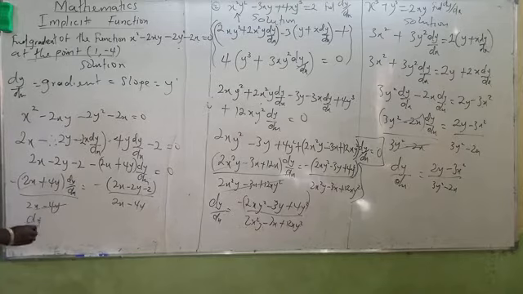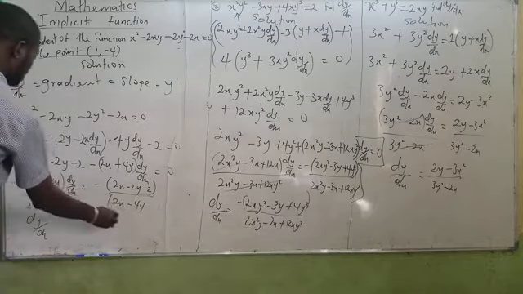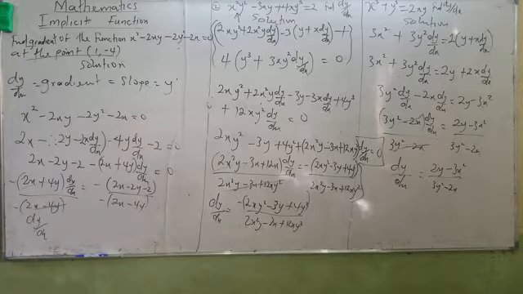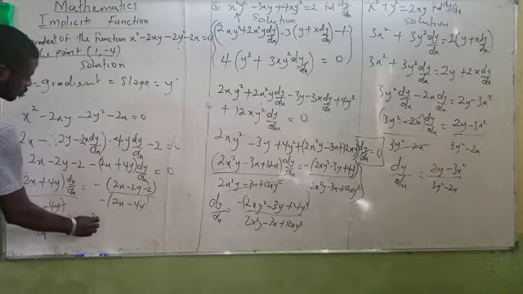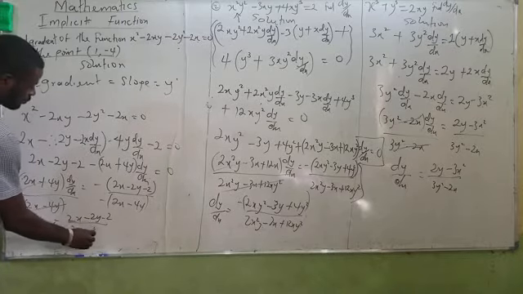Now, dy/dx, is there minus there? Okay, I will be having minus here. Please take note of that. We cancel minus, which I'll be having plus (2x minus 2y minus 2) divided by (2x minus 4y).